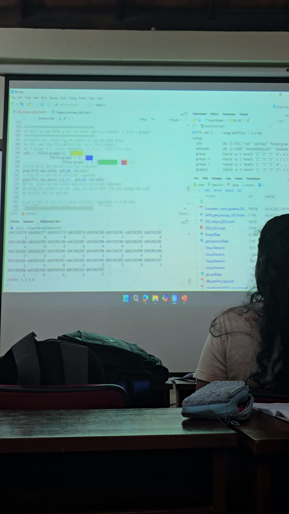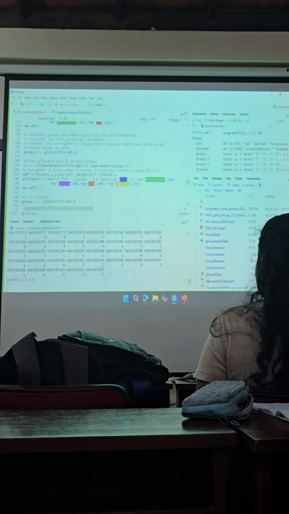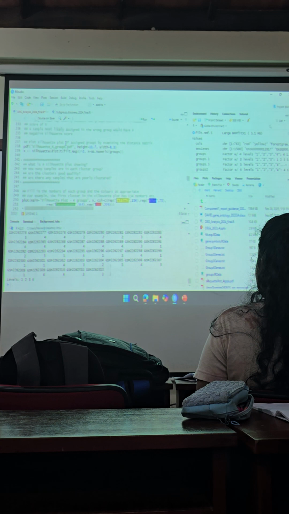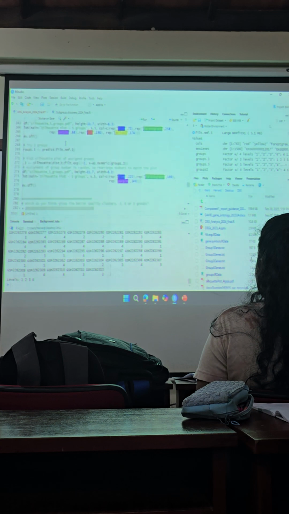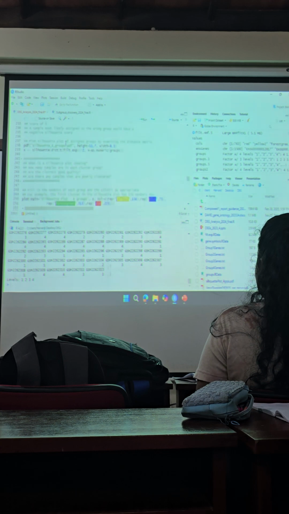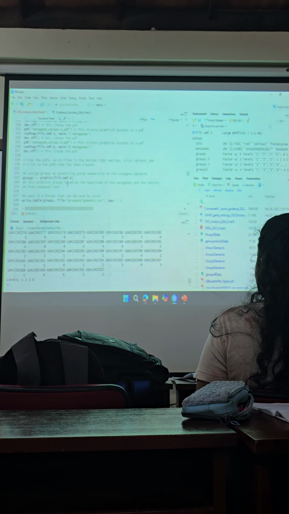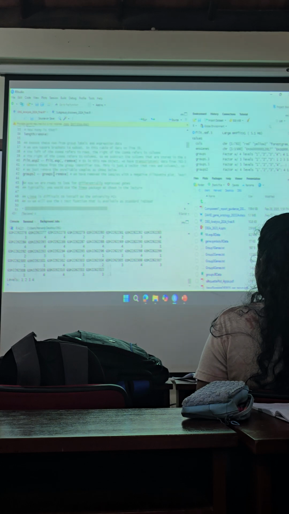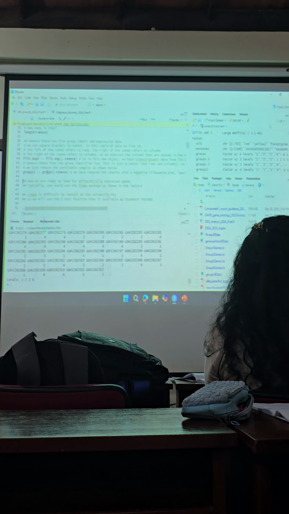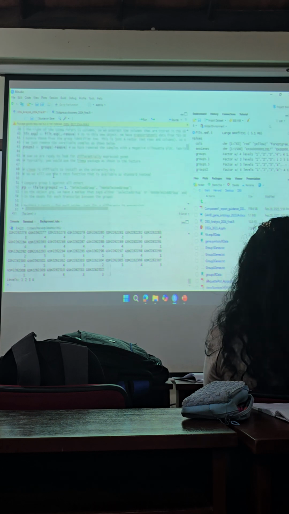It's from NMF over here. This is the line from NMF. That is where you get the groups object. Now you remove the 30 samples from that object as well.